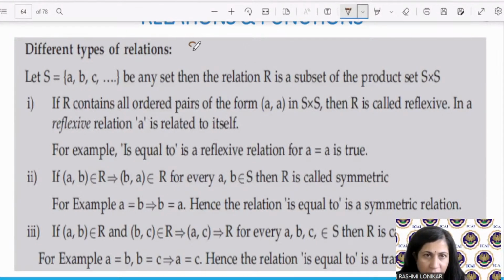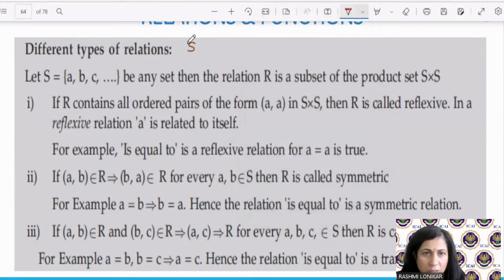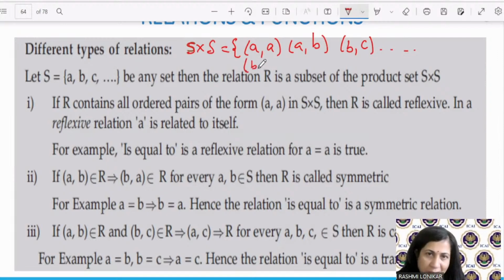Let me write down S cross S. First element I take A, so this is AA, this is AB, this is AC, and so on. Then I will take BA, BB, BC, and so on. The S cross S will look like this.